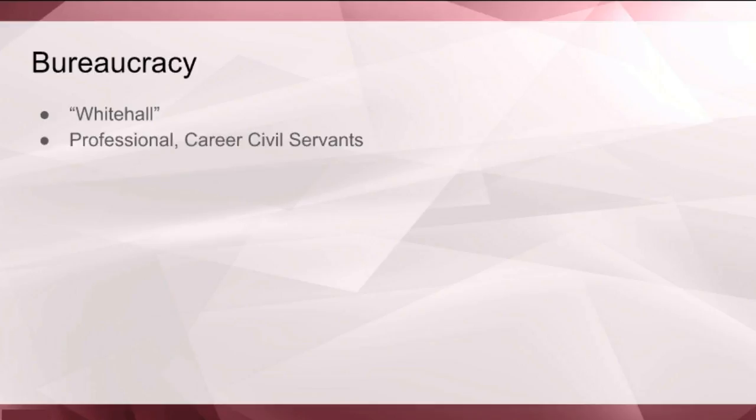Bureaucracy. Vocab term: Whitehall. That's a synonym that refers to the bureaucracy in the United Kingdom. It derives its name from the location where most bureaucratic buildings are. The bureaucracy in the United Kingdom, these individuals are professional, they are career civil servants, they are largely non-political.